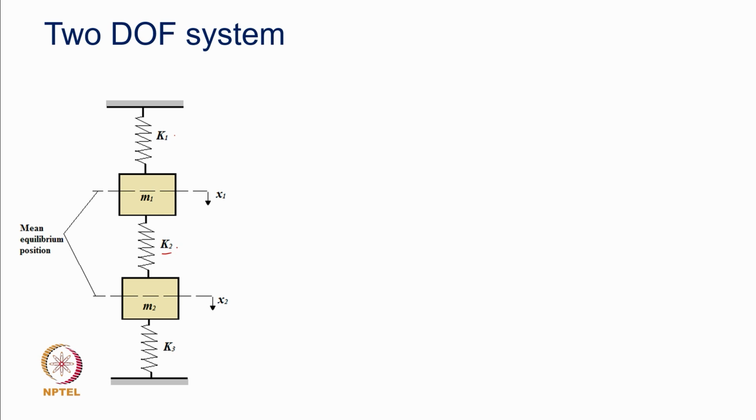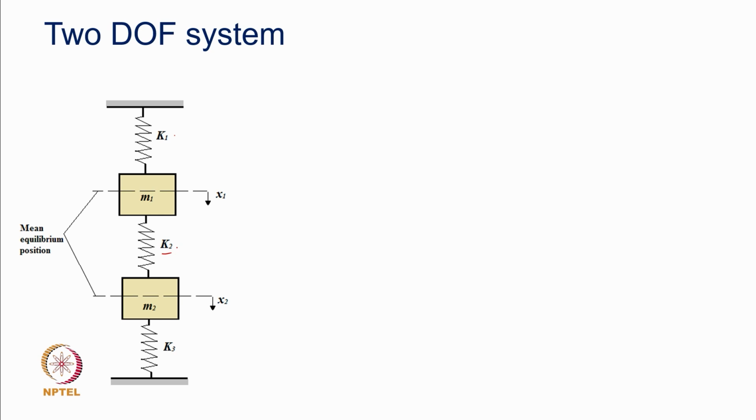So, this is a generic system, with 2 degrees of freedom, x1 and x2, assumed here. You may assume for the time being that they are located at the mean equilibrium position. That means the gravity now goes out of the picture, right.